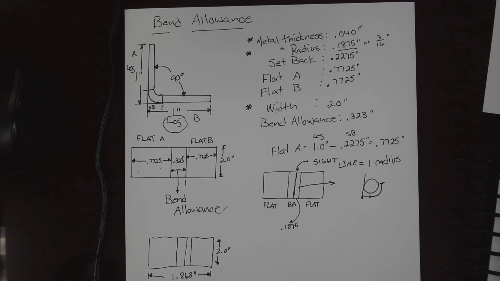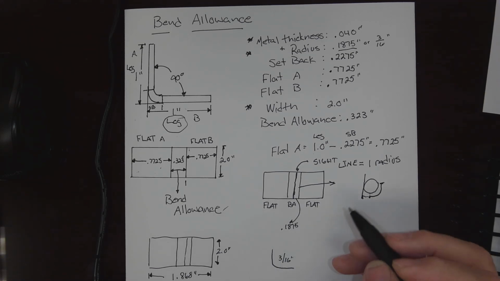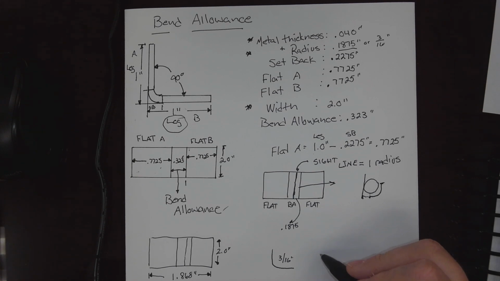At this point, there's one thing left I want to discuss. If I have a radius that's, let's call that our 3/16. Well, say I have a smaller one. It's a little tighter. Let's say that is 2/16 or 1/8.